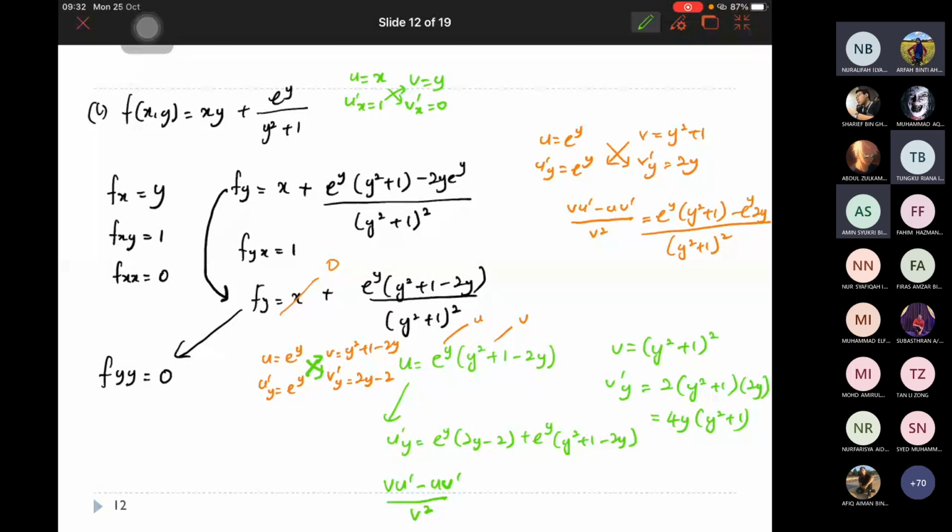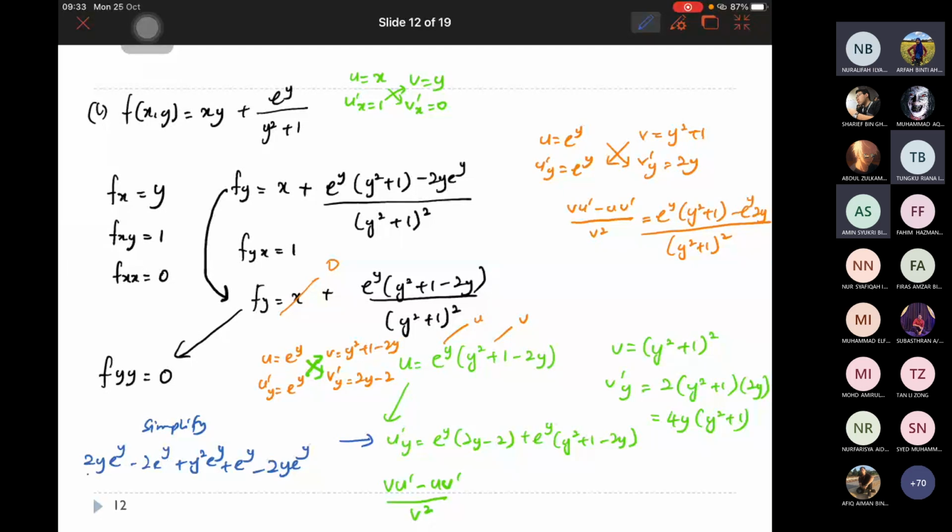Okey, yang ini sebenarnya boleh disimplify. So we want to simplify. You are going to have 2y exponential y tolak 2 exponential y plus exponential y squared exponential y plus exponential y tolak 2y exponential y. Okay.